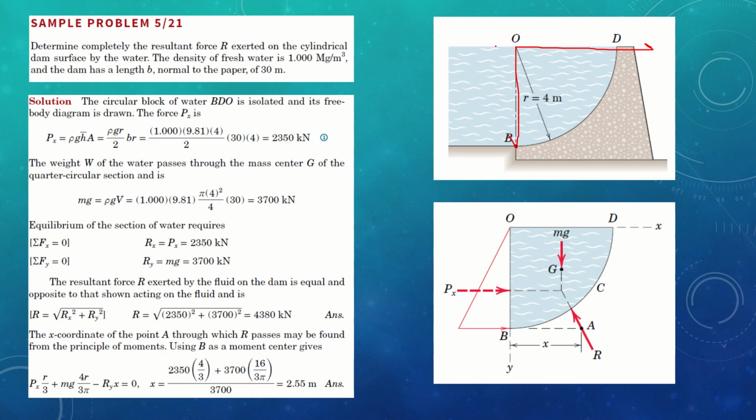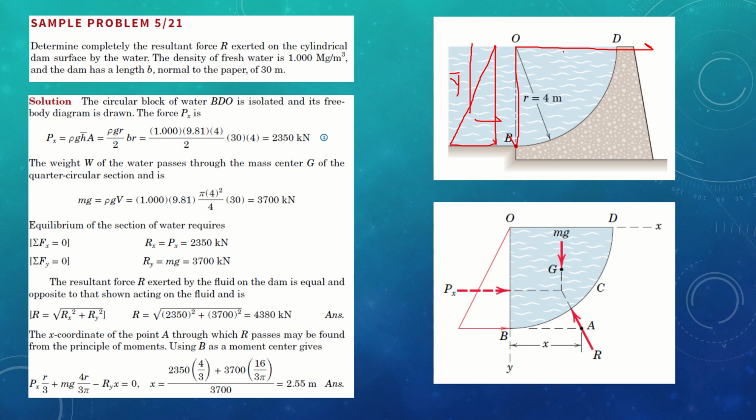As the pressure increases, it will form a triangle region. And when you draw this force region, you know the reaction Rx this way due to the resultant. And this is going to be the cross-section area. What is the area? 4 meter by 30 meter. And this will provide you just the position along the y-axis, that is y prime.